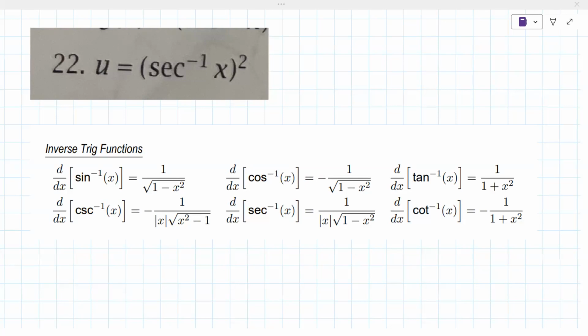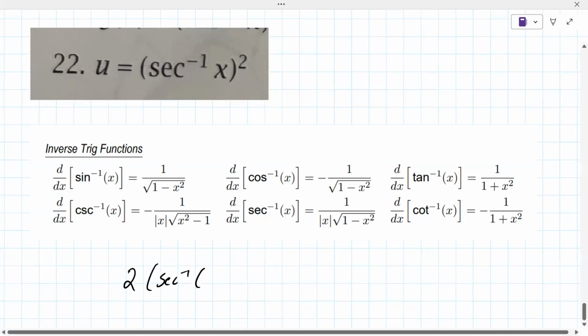Okay. I get 2 arc secant x times 1 over absolute value of x square root of 1 minus x squared. All right, good.